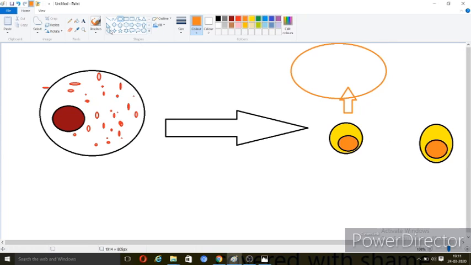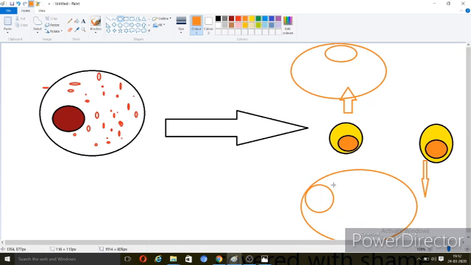So this one also has to be bigger. Let me draw another bigger one. The size has to be bigger, and the nucleus will also have to be smaller. So that's how the daughter cell becomes a mother cell.